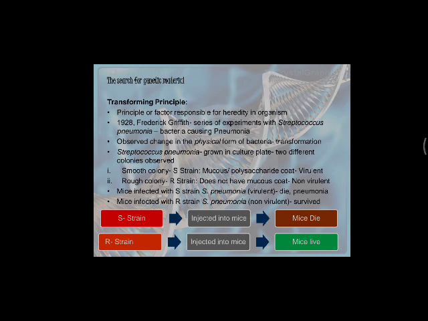He also injected the R strain into mice, and they survived. He concluded that the S strain, which is virulent with a mucus polysaccharide coat, kills mice, while the R strain, which has no coat, leaves the mice alive.